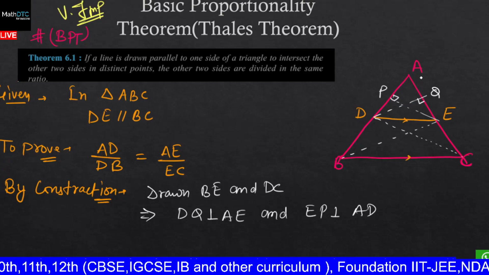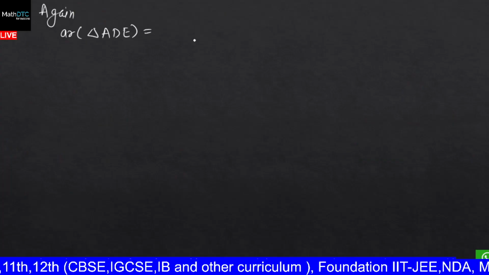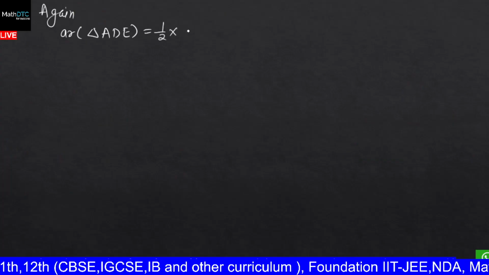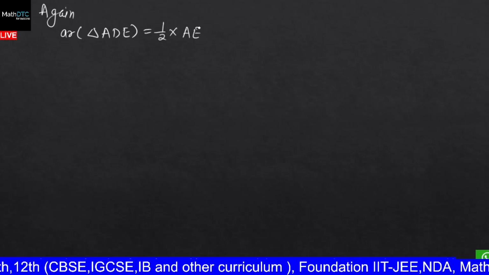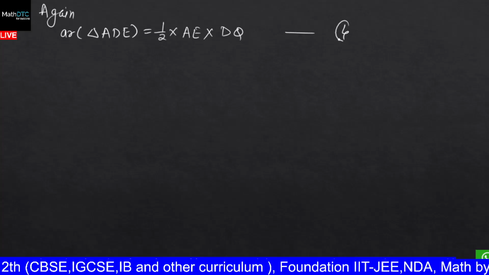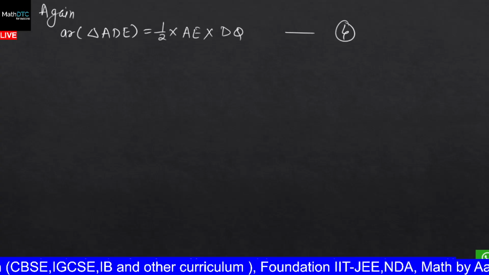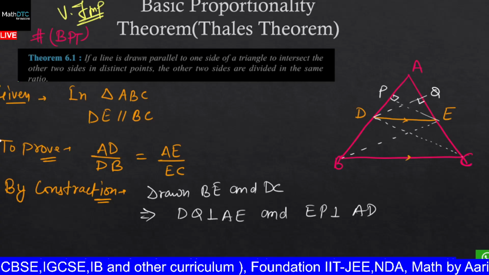This time the base is AE and height is DQ. So 1 by 2 base AE and height DQ, equation number 4. Do you understand?